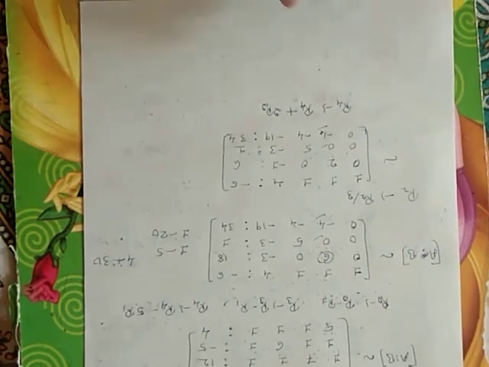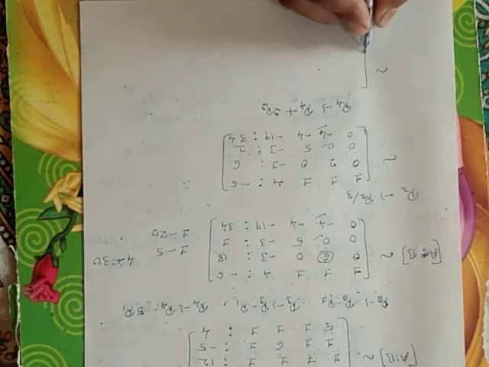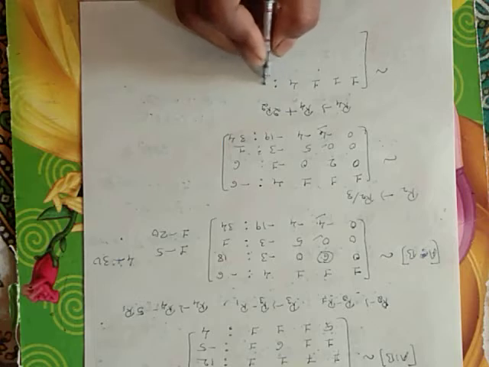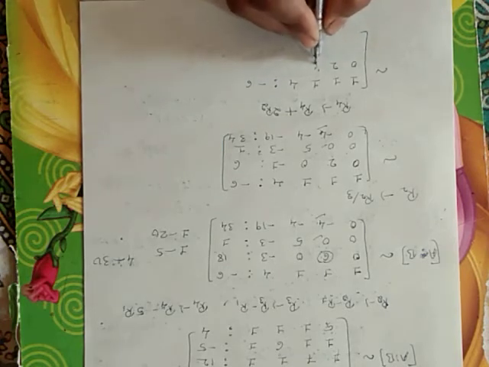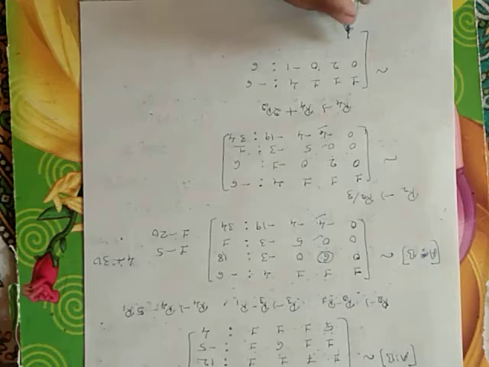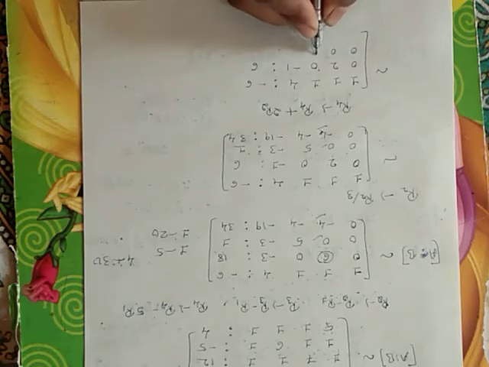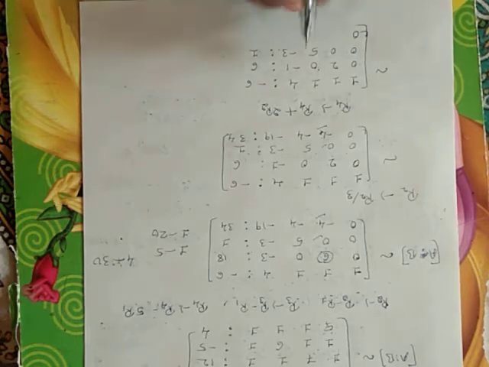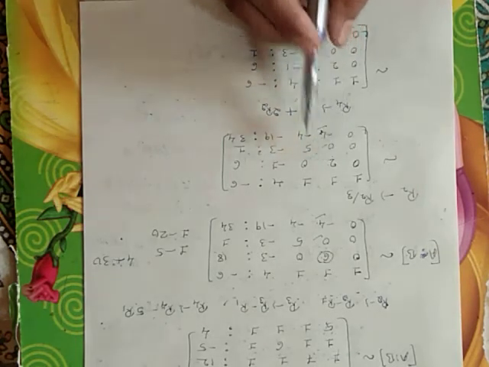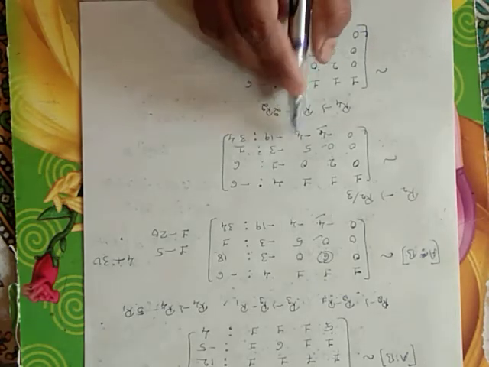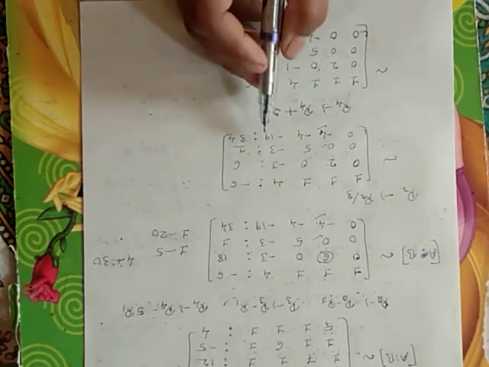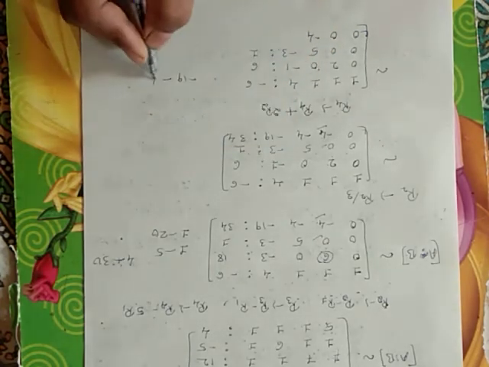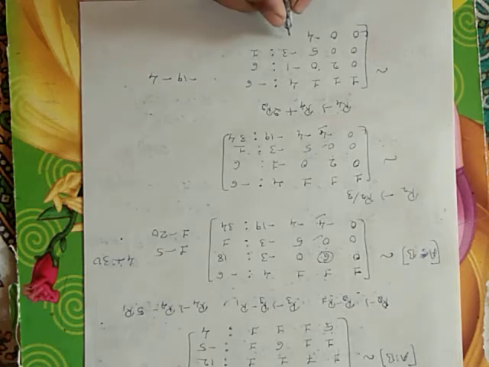So now the matrix becomes 1, 1, 1, 4, minus 6, 0, 2, 0, minus 1, 6, 0, 0, 5, minus 3, 1, 0, minus 4 plus 2 into 2, 4, minus 4 plus 4, 0, minus 4 plus 2 into 0, 0, minus 4 plus 2 into minus 1, minus 4 into 1, 4, minus 19, minus 4, minus 21.